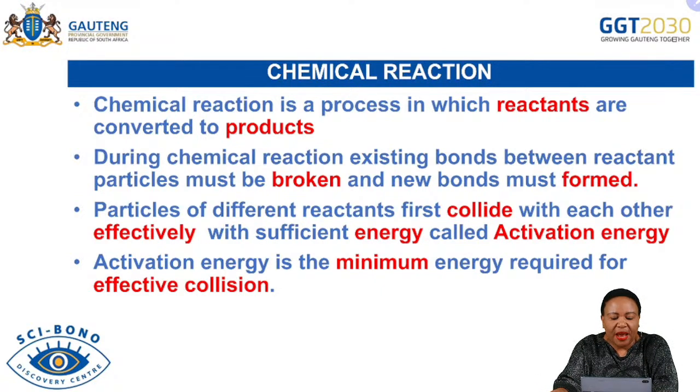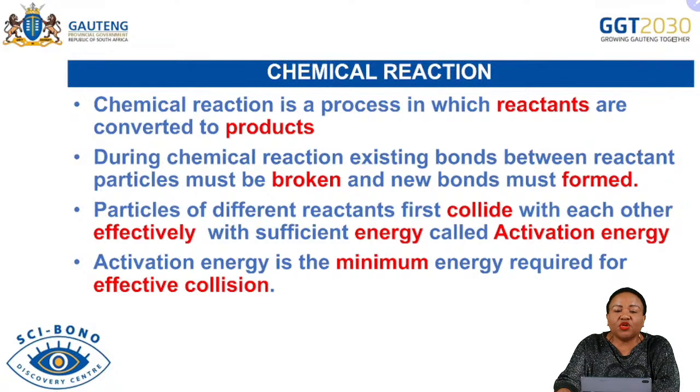So what will happen? Particles of different reactants will collide with each other. However, what type of collision must occur for the chemical reaction to occur? There must always be an effective collision with sufficient energy for any reaction to occur. And that sufficient energy that we are referring to is activation energy. Activation energy is the minimum energy required for the effective collision to occur.